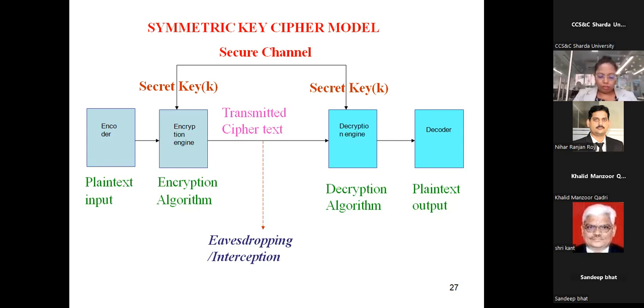And this is the problem between the cryptographer and the cryptanalyst, because the cryptanalyst does not have knowledge of the secret key. He only gets the cipher text, and from the cipher text he will try to work out the plain text, and that's why the term cryptanalyst.